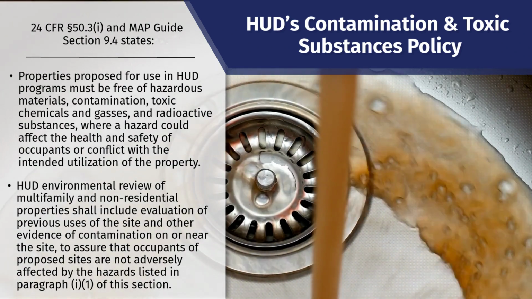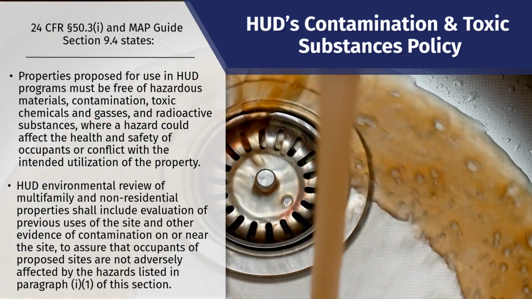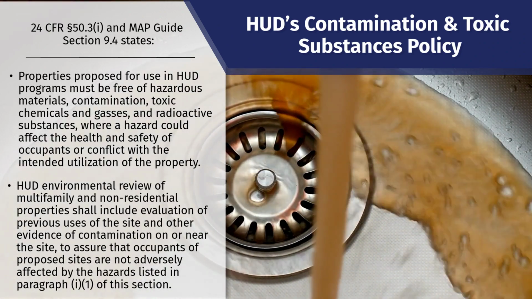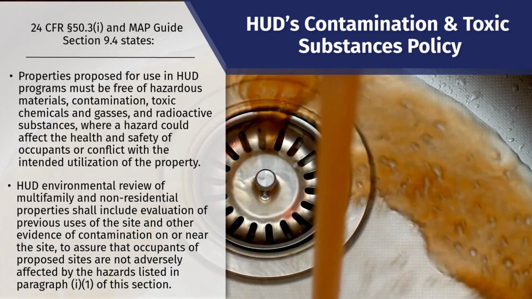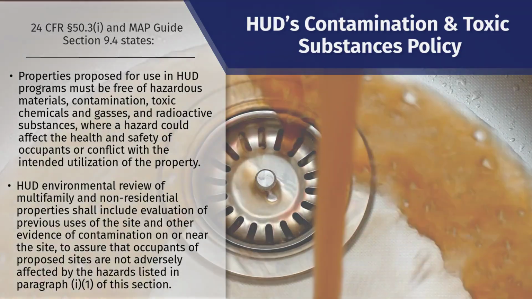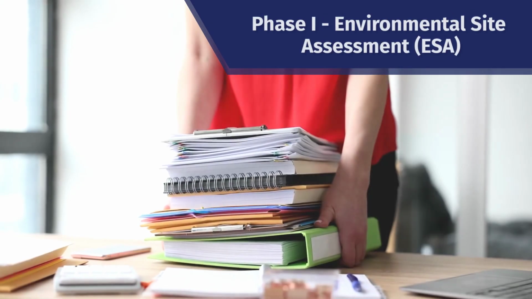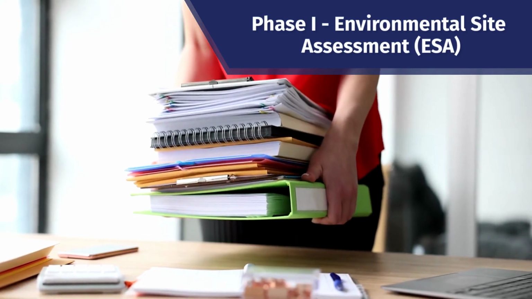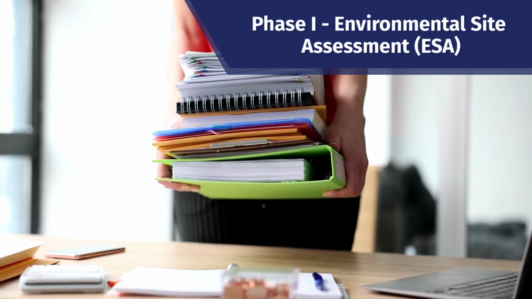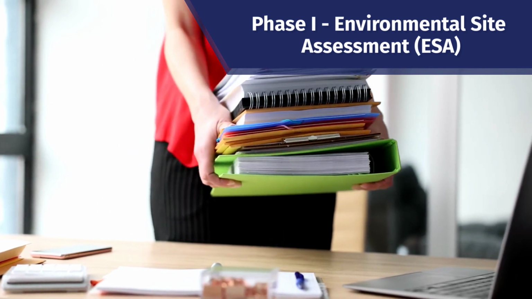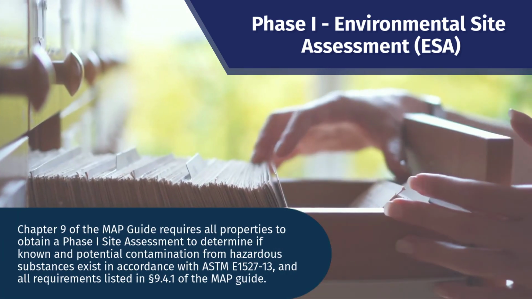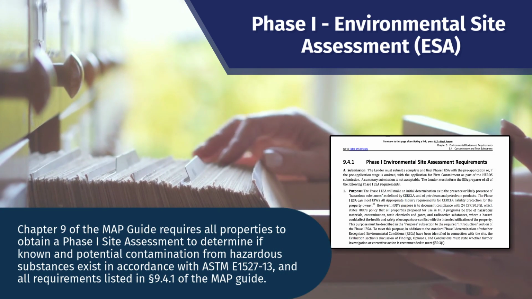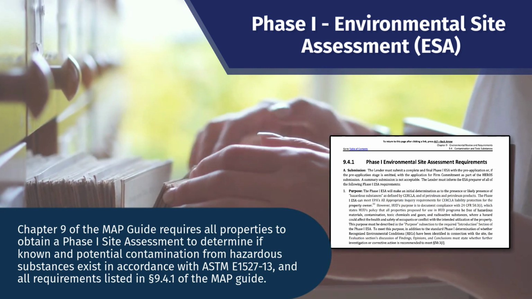To demonstrate compliance with this requirement, all RAD conversion properties must submit a Phase 1 Environmental Site Assessment, or ESA. An ESA is a scientific report that identifies known and potential contamination from hazardous substances. It must be prepared in accordance with the requirements listed in Section 9.4.1 of the MAP Guide.